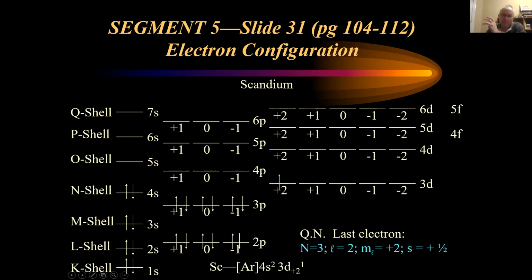So when I'm building the transition elements, the electron I'm adding is not on the outside of the atom. It fills after this one, but it's inside this one. So the outside of all of these atoms is the 4s2 configuration. Now that means that the added electron is not going to change the properties as much as the others did.